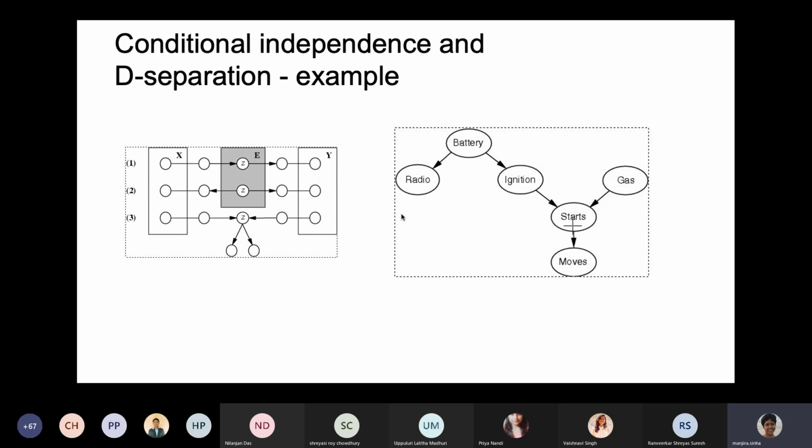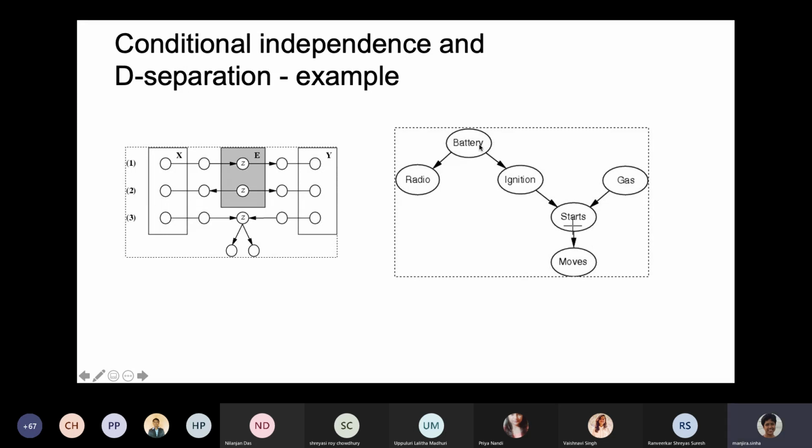So see an example. This is for a car. Say the battery directly influences the radio and the ignition. Ignition and gas start the car, and this start state moves the car. So now which two are d-separated?